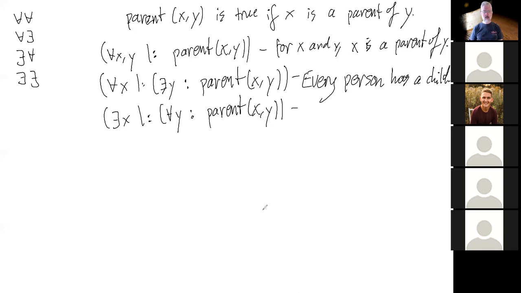No, that's not what I mean. Okay. So this says there is someone where this is true for every Y, which means there is a person who is everybody's parent. That's what the for all Y parent X Y would be saying, that X is everybody's parent, okay? Which is also clearly not true. So let's say there is someone who is the parent of everyone.